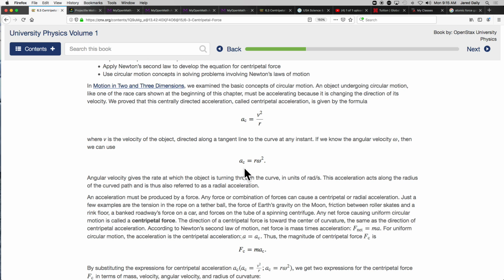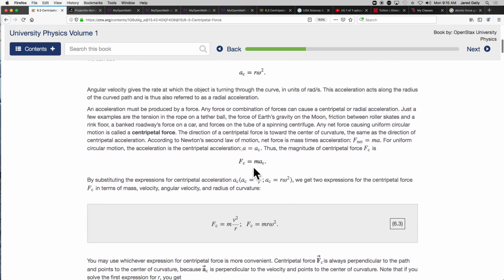So you can calculate the centripetal acceleration fairly easily with things that are easy to measure. The centripetal force then is, of course, mass times centripetal acceleration. The force that causes this thing to accelerate towards the center of the circle is just mass times the centripetal acceleration according to Newton's second law.